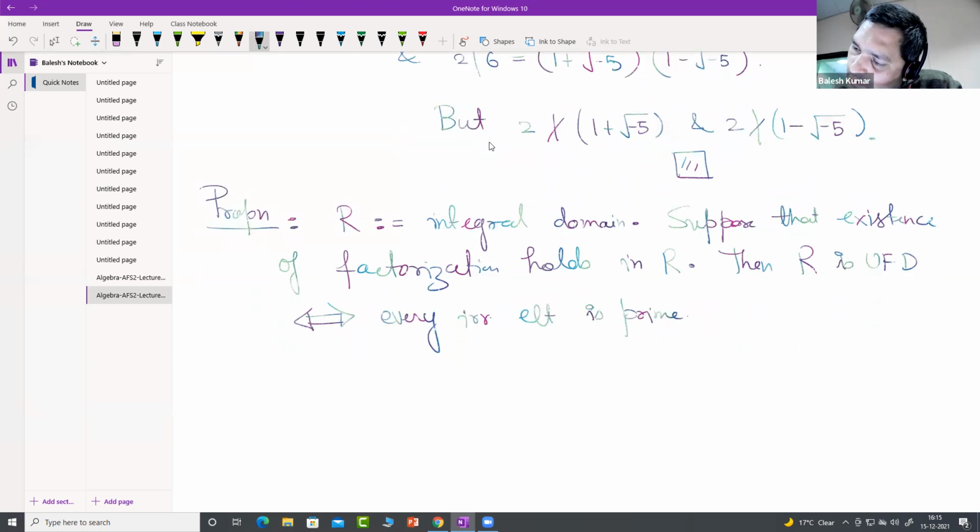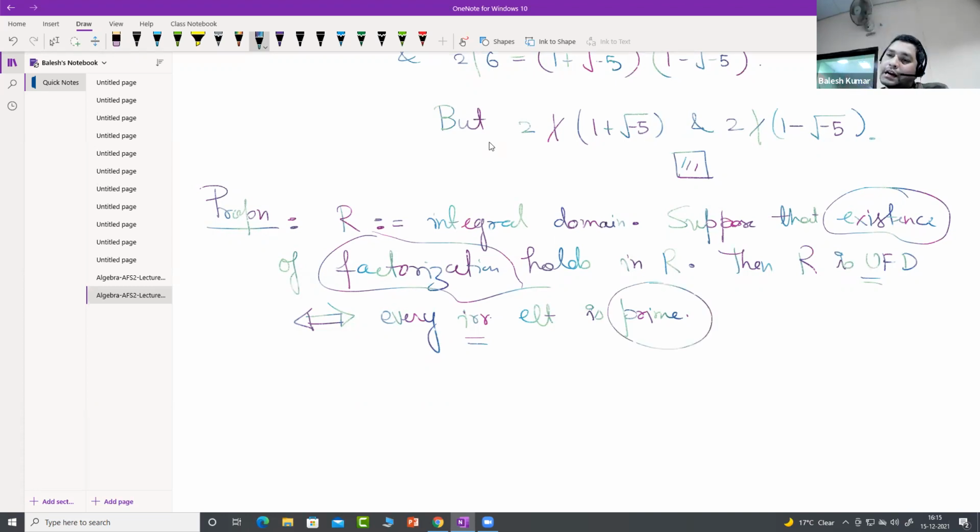So in a sense, what does this proposition say? We have an equivalent condition for uniqueness. If you have an integral domain having the existence of factorization property, then the uniqueness property is equivalent to saying that every irreducible element in the integral domain is prime.